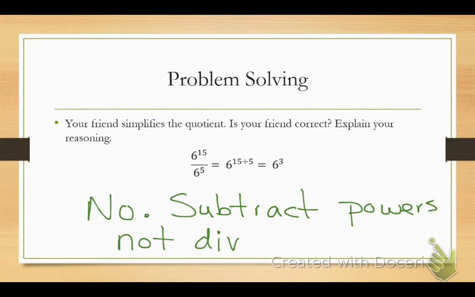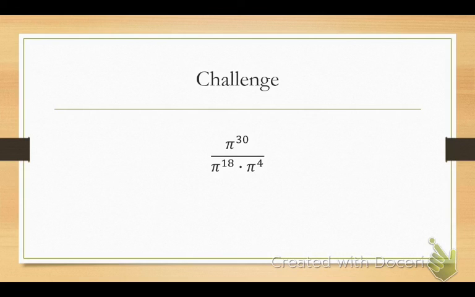So what is the correct answer? 6 to the power of 10. 6 to the power of 10 is the answer because 15 minus 5 is 10. So you can make it really short and sweet, but you have to give me an explanation for why they are wrong.